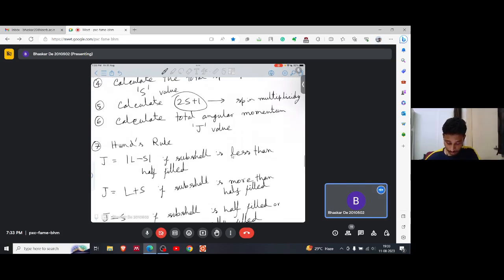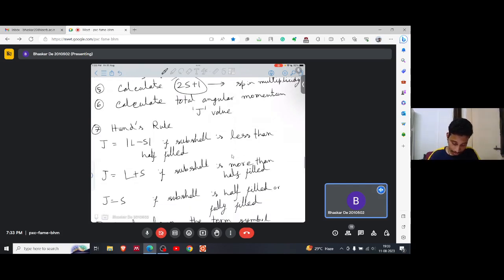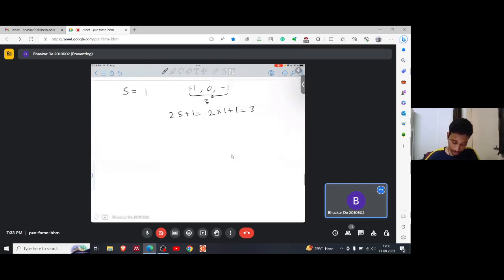And in this step, what is happening here is that L and S are basically vectors.